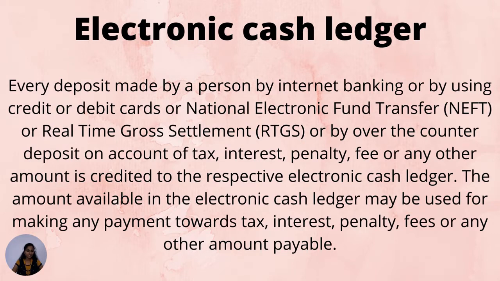Every deposit made by a person by internet banking or by using credit or debit cards or National Electronic Fund Transfer, that is NEFT, or Real Time Gross Settlement, that is RTGS, or by over-the-counter deposit of tax, interest, penalty, fees, or any other amount is credited to the respective electronic cash ledger. The amount available in the electronic cash ledger may be used for making any payment towards tax, interest, penalty, fees, or any other amount payable.